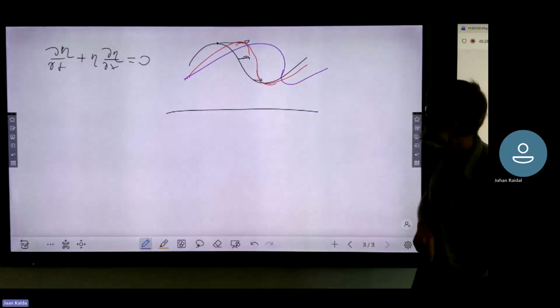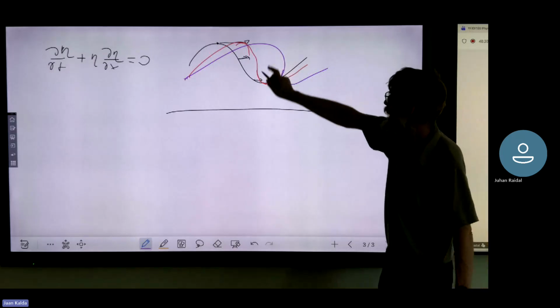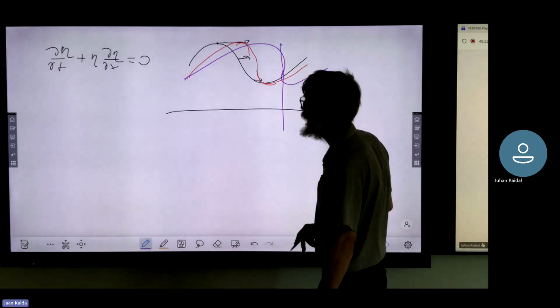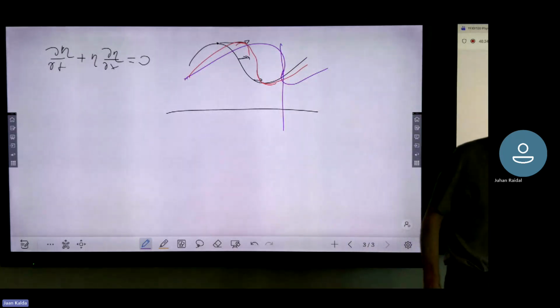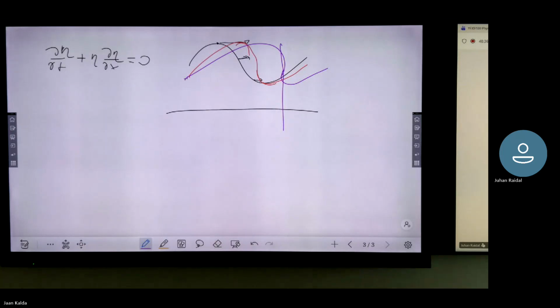Right now you have a wave breaking, meaning that at this point here you have different speeds possible. At the same point, the top of a wave moves with one speed, the bottom moves with another speed.